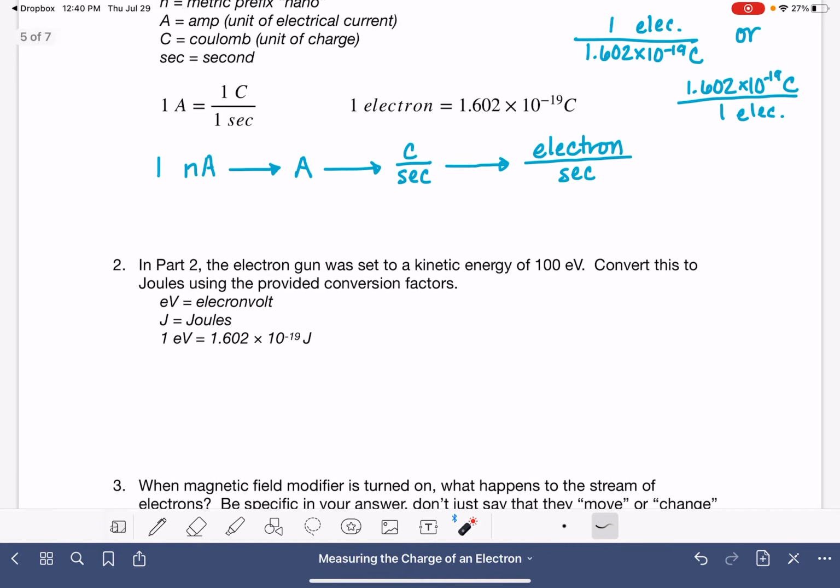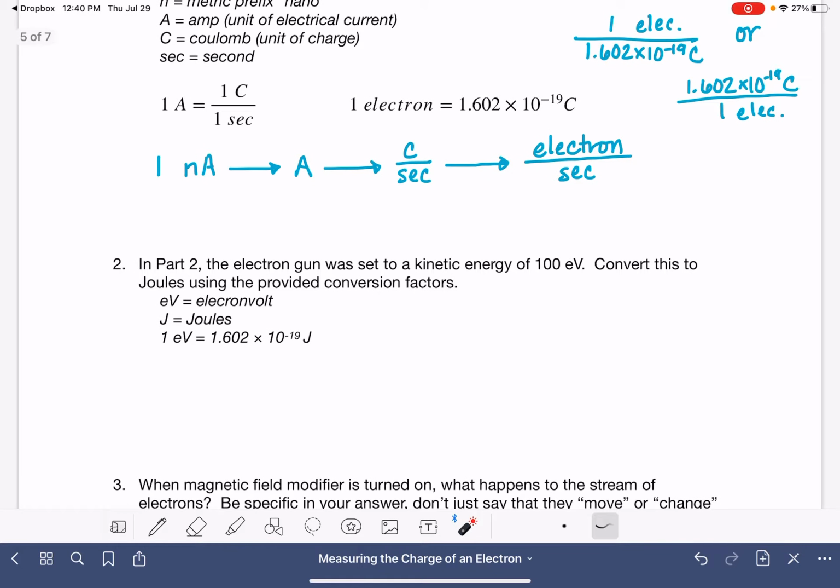Same kind of thing in question number 2. In this one, you are taking 100 electron volts and converting that into units of joules. So you're going to be starting with 100 electron volts and converting that into joules.